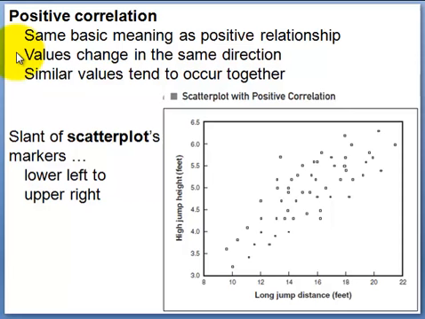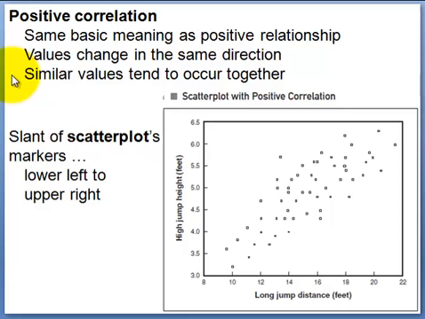But it's clearly a key idea in positive correlation that values change in the same direction. Another key idea in positive correlation is that similar values tend to occur together.